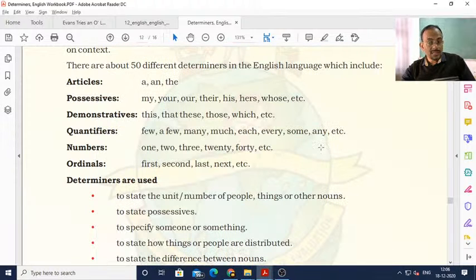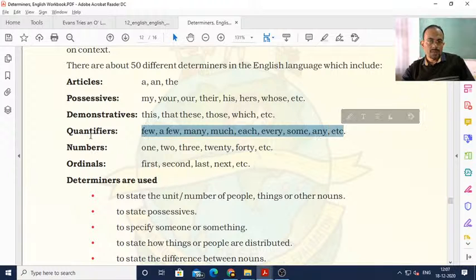But if I say is there any sugar left, then in that case any will be uncountable. So a determiner can be both countable as well as uncountable. Countable and uncountable determiners together are called quantifiers.